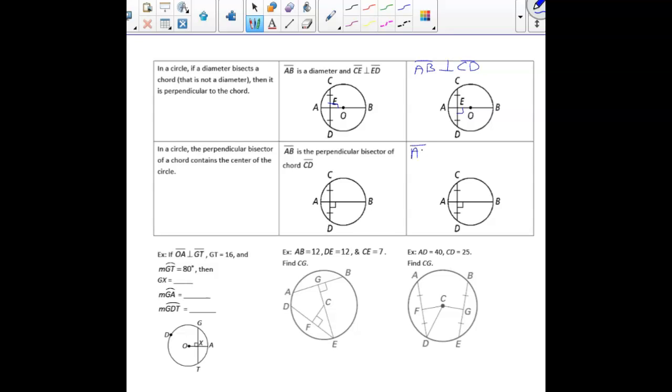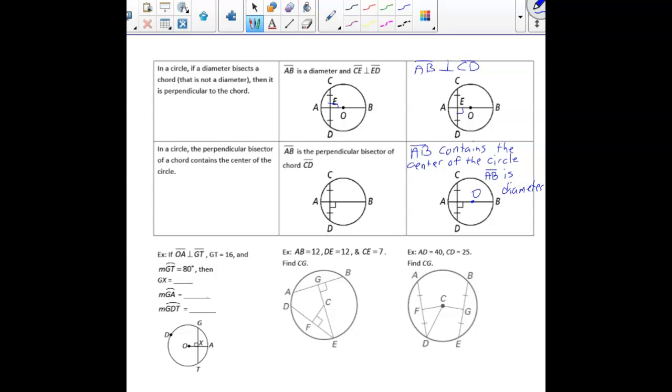So AB contains the center of the circle, and AB is the diameter. We'll call the center O for the sake of this.